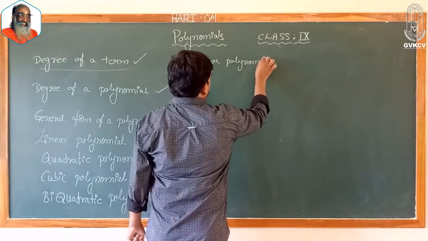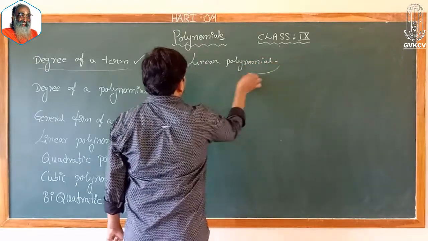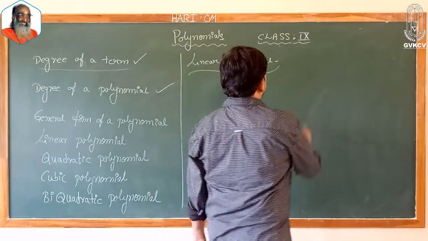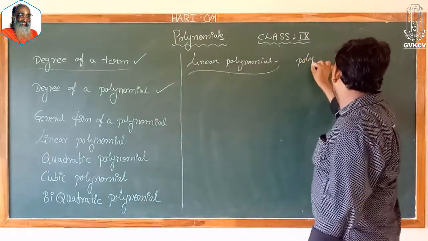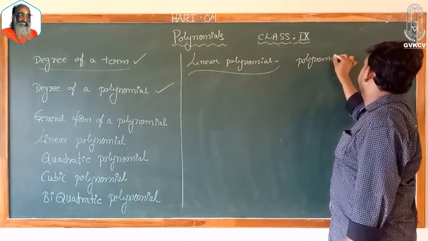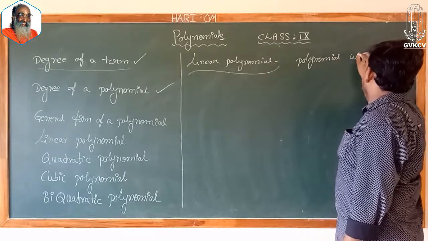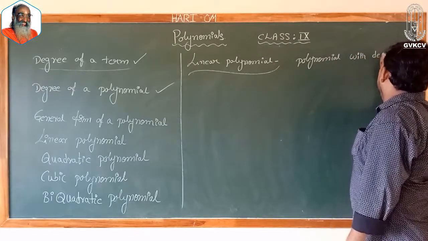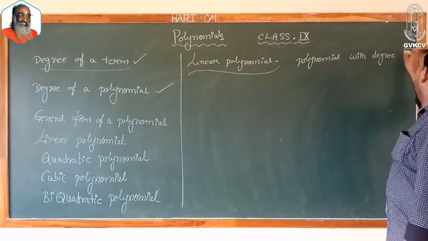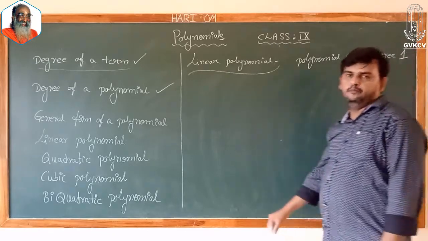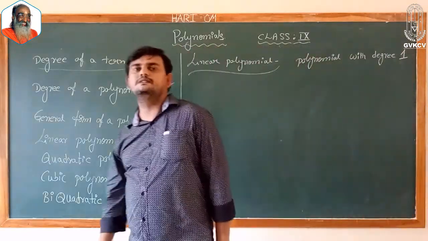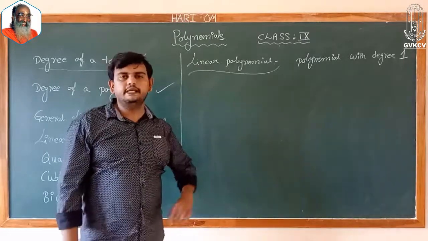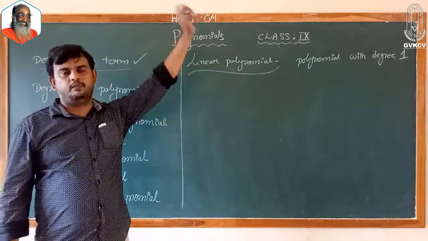So, what is a linear polynomial? Polynomial with degree 1 is called a linear polynomial.